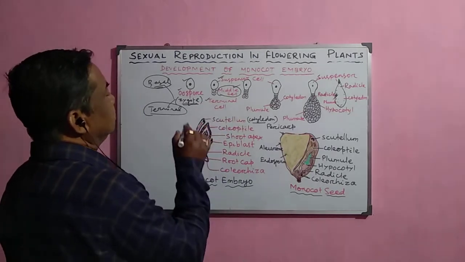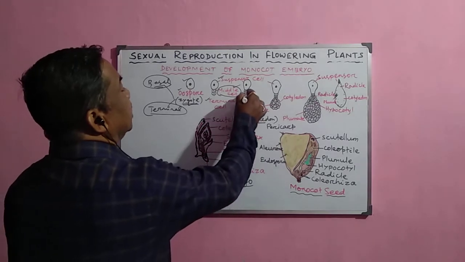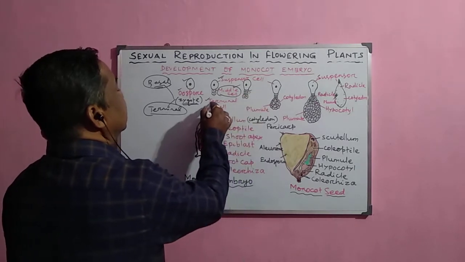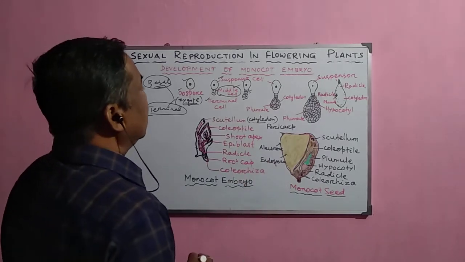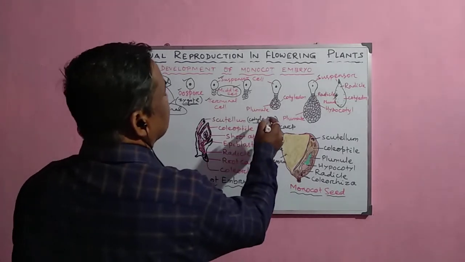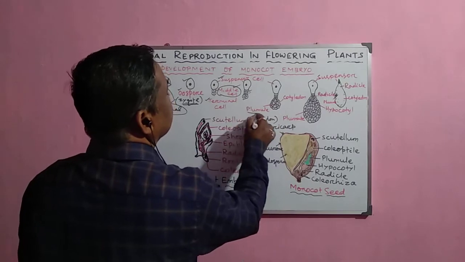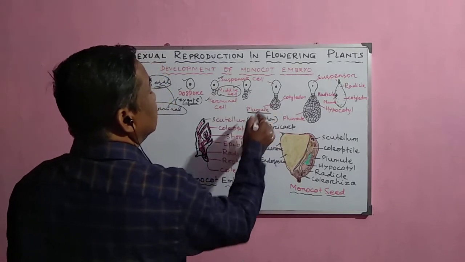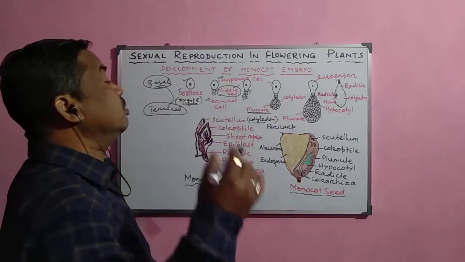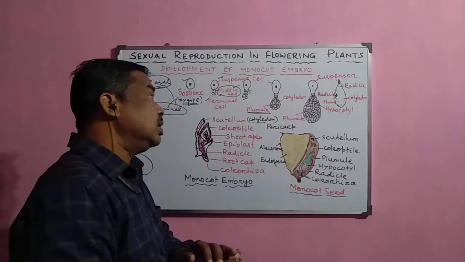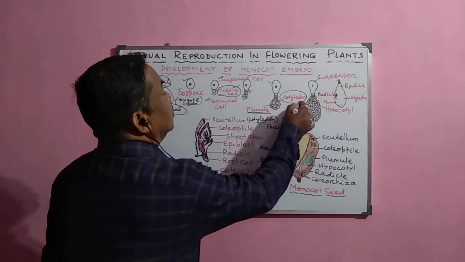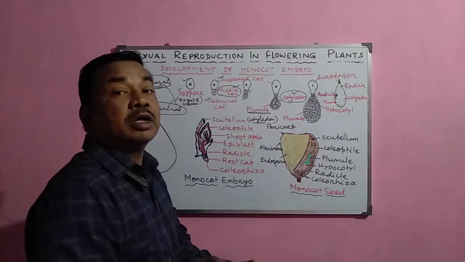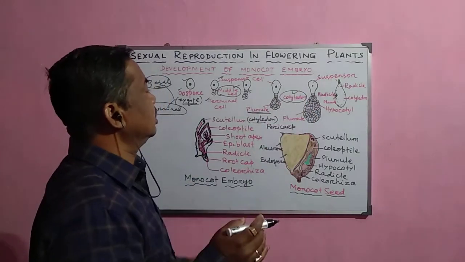This middle cell divides and redivides, and the terminal cell also starts dividing. After that, the terminal cell develops into the plumule, which later develops into the shoot part of the plant. Another one is the cotyledon. The cotyledon contains the reserve food material for the developing embryo.